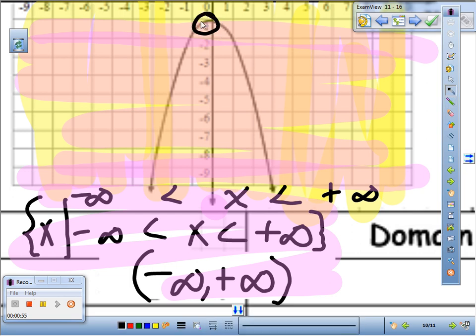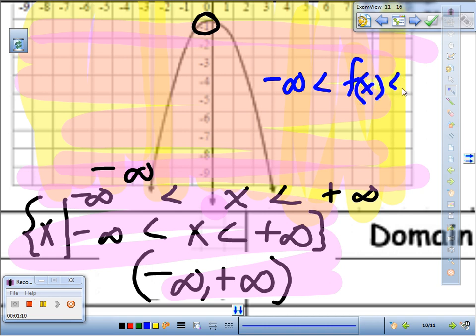Hands if you agree with that. Over here it didn't stop, it kept going to negative infinity. So my range was negative infinity less than f of x less than or equal to -1. Hands if you got that.